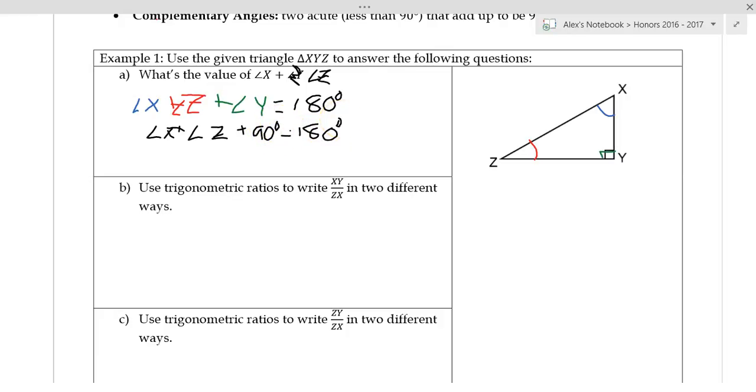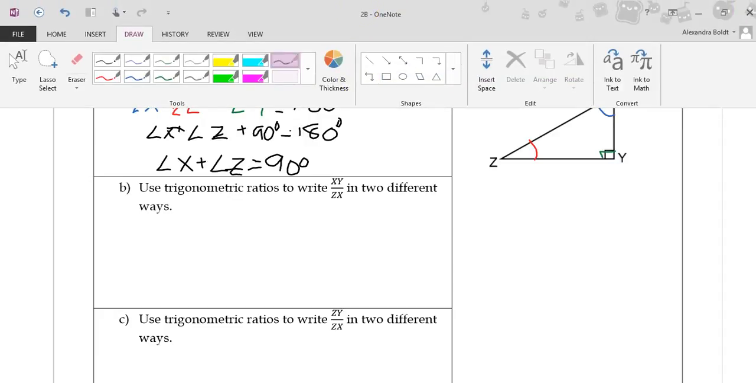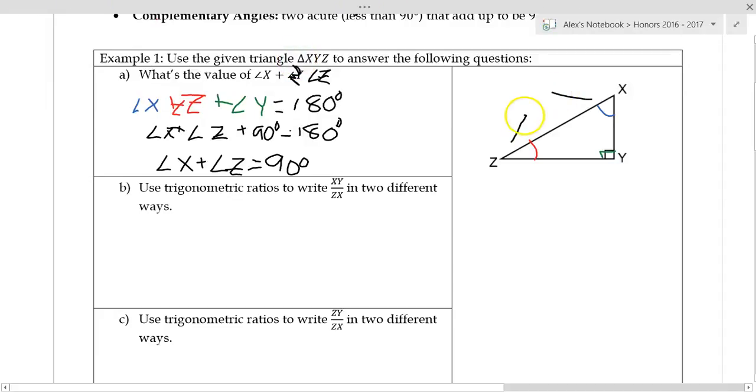Now if I subtract that 90 degrees, angle X plus angle Z equals 90 degrees. So angle X plus angle Z is simply 90 degrees. So basically what we know is these two angles are complementary.